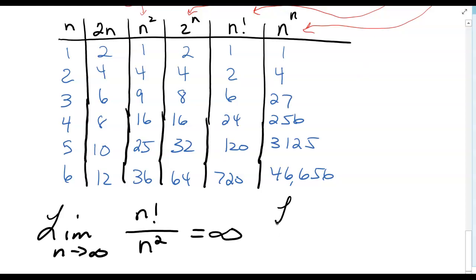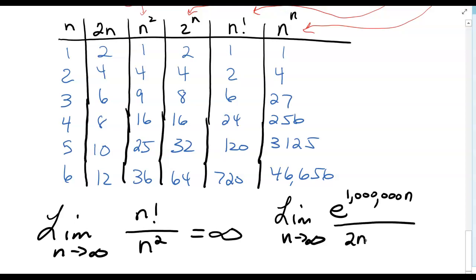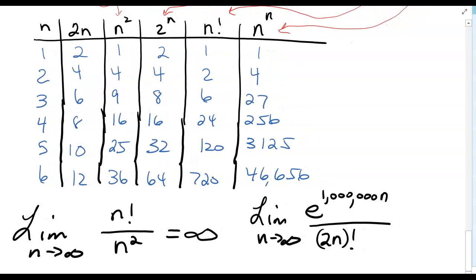Let's do the limit as n approaches infinity of e to the 1 million n over n factorial. Okay, so this e is just a base.